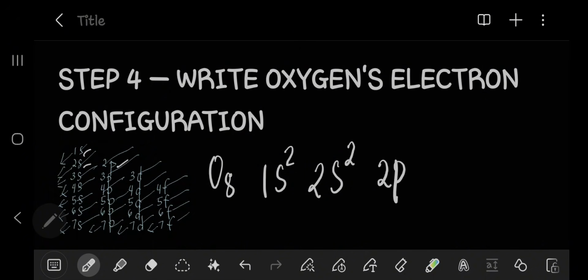But what will be our superscript? Now, in here we have to count. We already have 2 plus 2, that is 4. And to have 8, we need 4 more electrons. So we put 4 as the superscript here. So the electron configuration of oxygen is 1s2, 2s2, and 2p4.